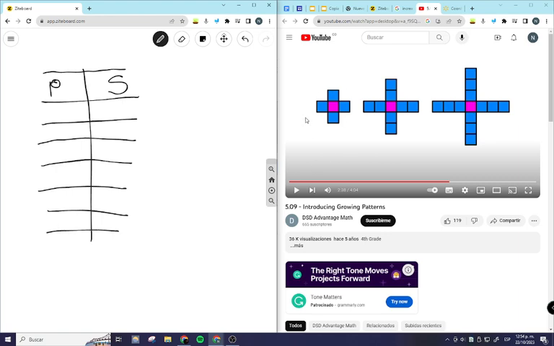So remember, this is going to be position 1. So position number 1, how many squares do we have? We have 5. Position number 2, we have 9 squares. Position number 3, we have 13 squares. And this is the information that we get so far in the problem. We don't get the information for position 4, 5, 6, 7, and so on. Let's actually close the table here.